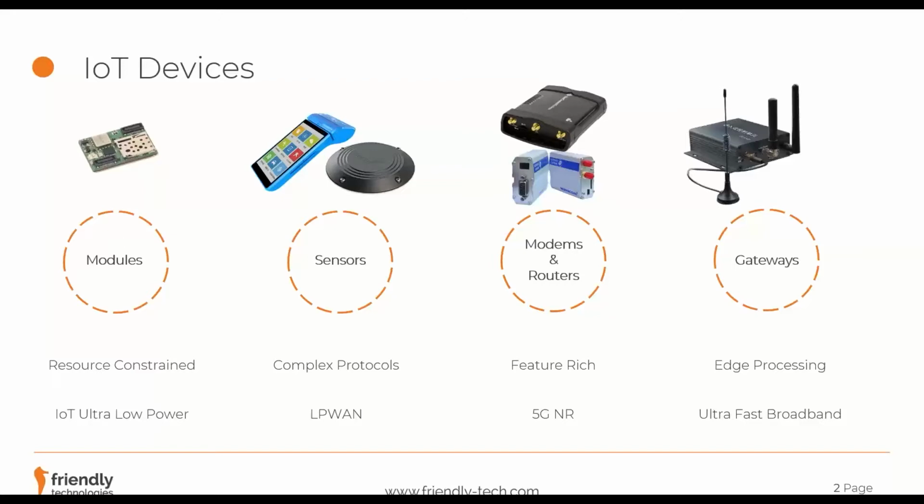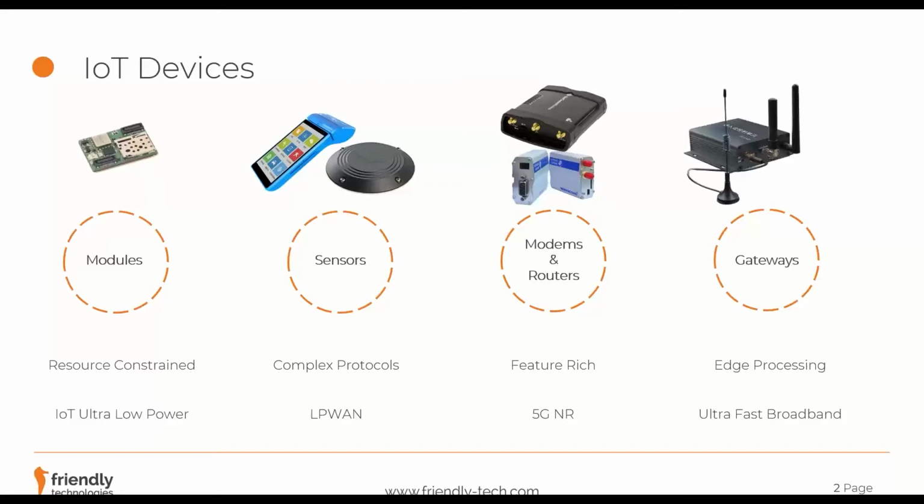There could be some edge processing, fog or cloud computing, and there could be software over the air pushes of container applications into gateways, and often these could be multi-service applications. So we could take things like building management or energy management applications, or multiple services. Perhaps you're running some security application together with energy management, and so you need to be able to run more complex applications in the device.